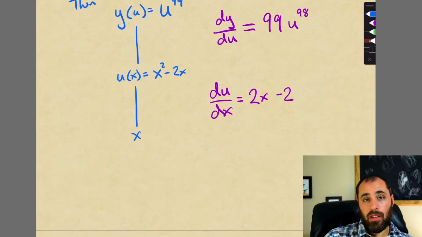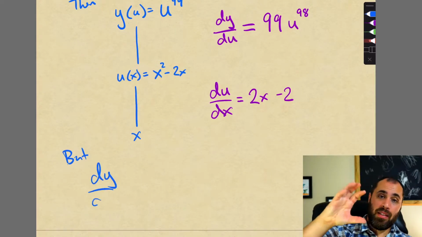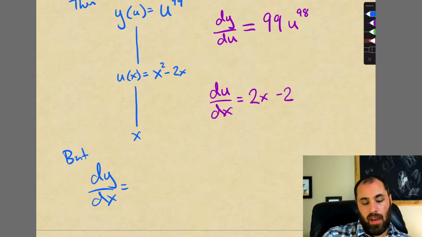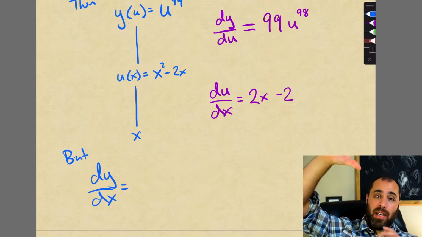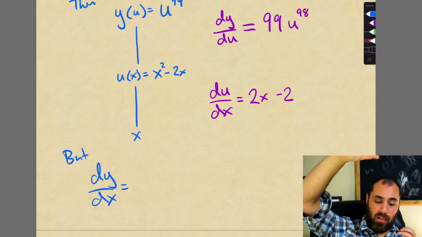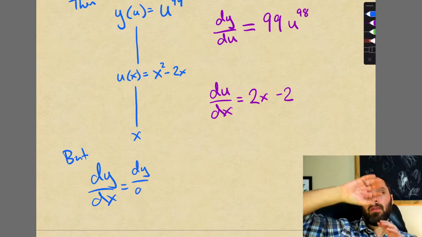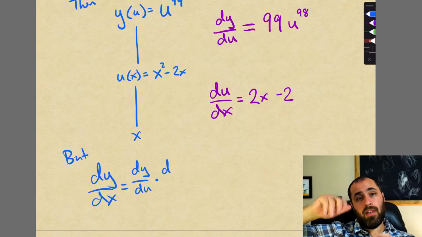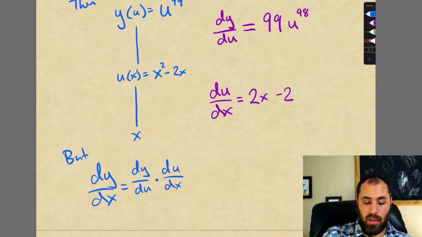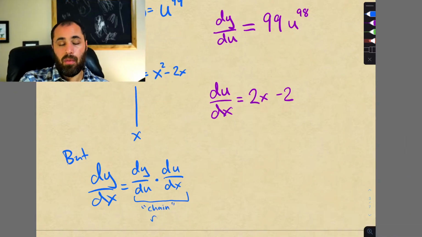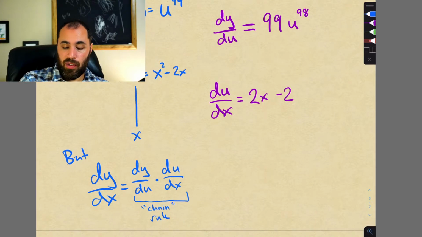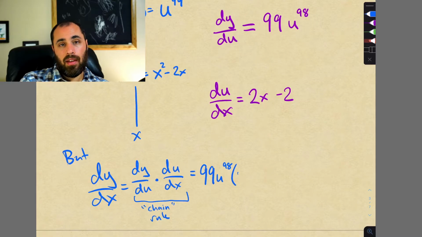So the chain rule tells us how to put together these two dependencies. If we want to know dy/dx, how the top of the chain depends on the very bottom of the chain, we can multiply these two intermediate rates of change. So dy/du times du/dx, and we'll put in the two rates of change we found, 99u to the 98th power and 2x minus 2.